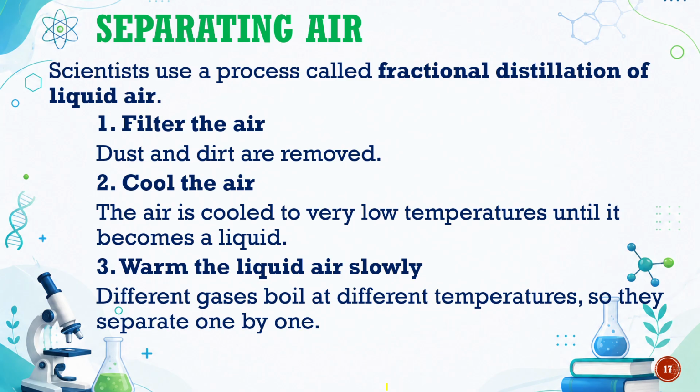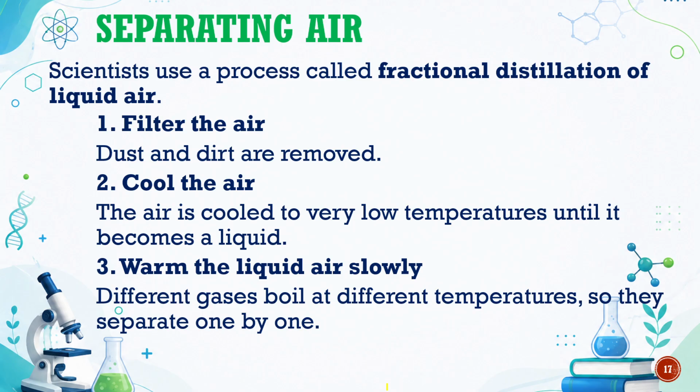Because all these different gases in the air have their own individual boiling points. So when I let the liquid air boil, at a given temperature a particular gas will be separated out, right? So you have nitrogen, oxygen, and argon.